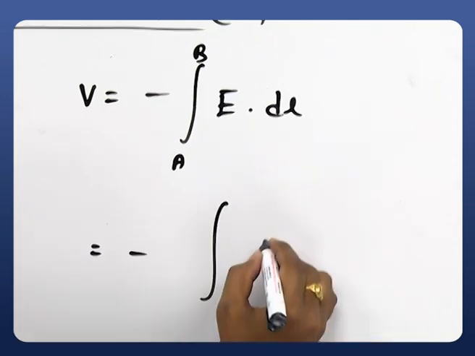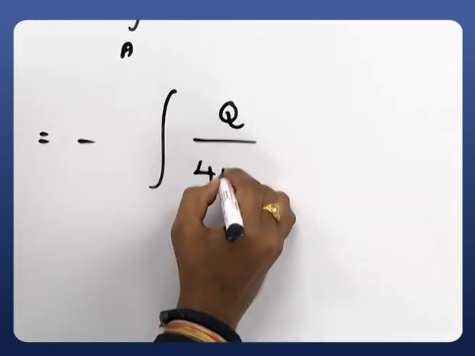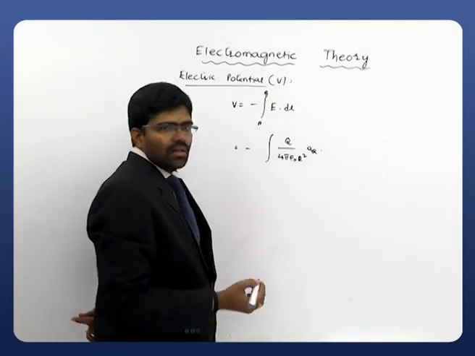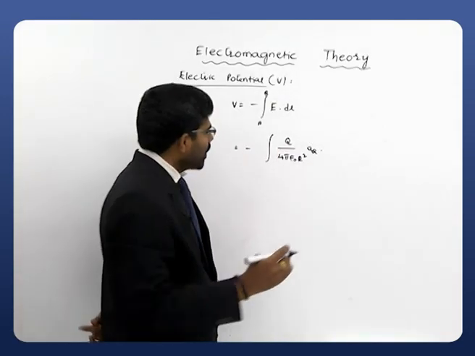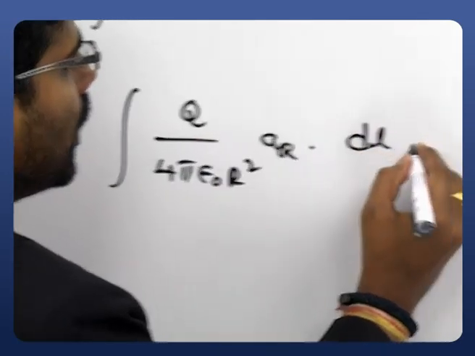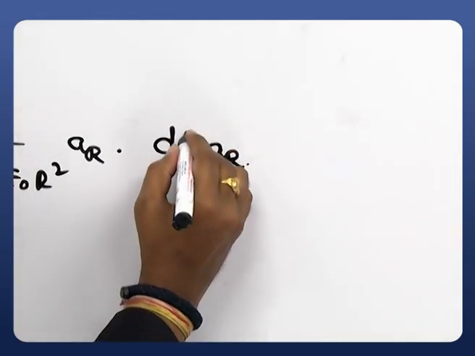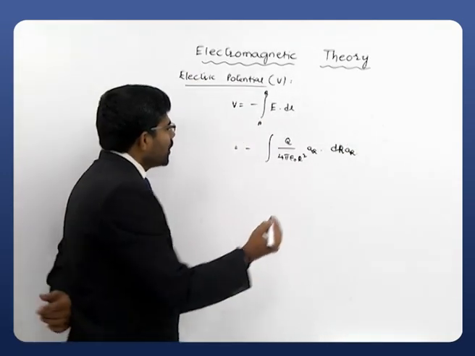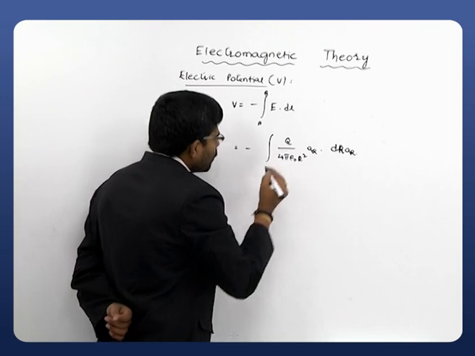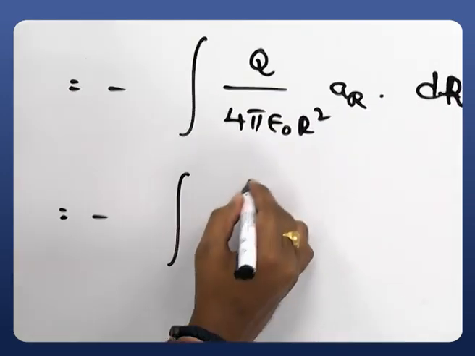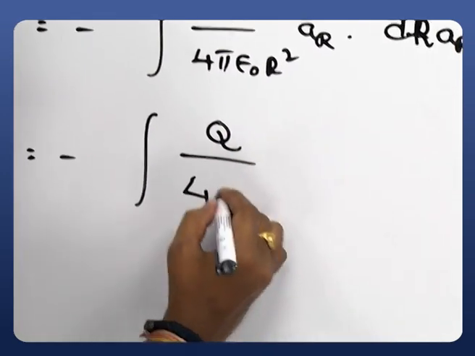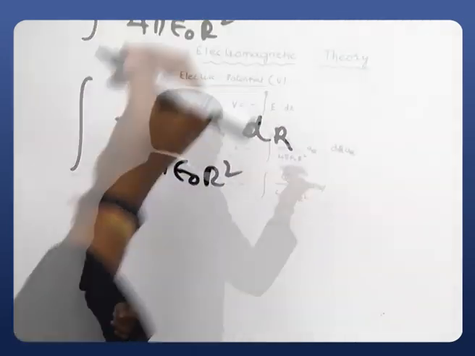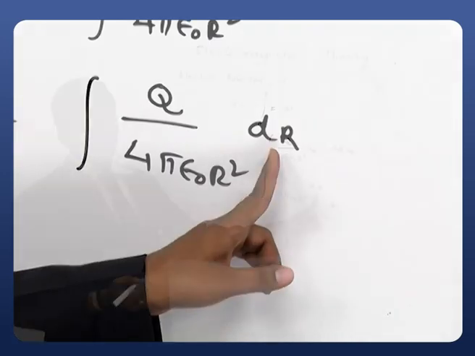So minus integral Q by 4 pi epsilon naught R square aR, and let us assume the line is also in the direction of R, that is dl is dr aR. If you take the dot product between them, we get 1. So minus integral Q by 4 pi epsilon naught R square multiplied with dr.